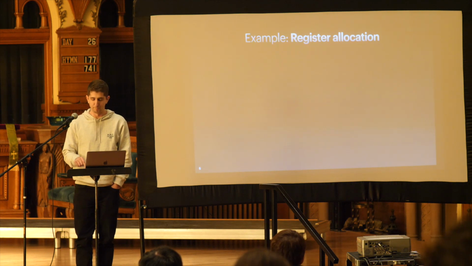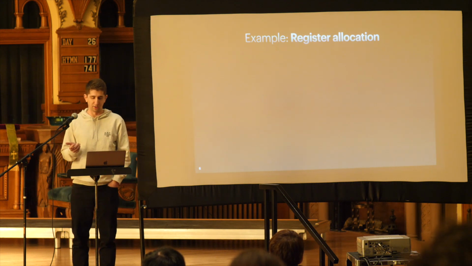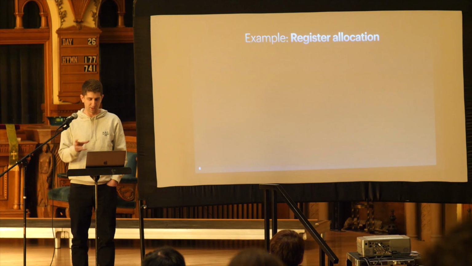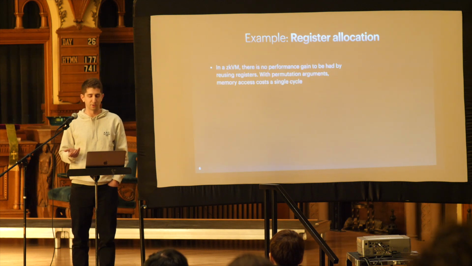So one example problem that targeting these common ISAs gives us is the register allocation problem. In a zkVM, there's actually no performance gain to be had by reusing registers. This was the case 10 years ago in the TinyRAM system, because you had this register routing problem.